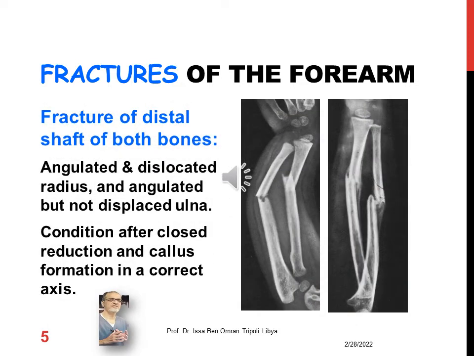In the left X-ray view, we see angulated and dislocated radius and angulated but not displaced ulna. In the second view, on the right side, we see the condition after closed reduction and callus formation in a correct axis.